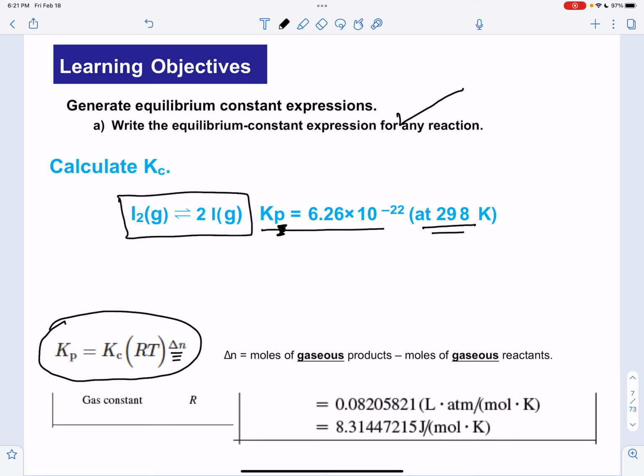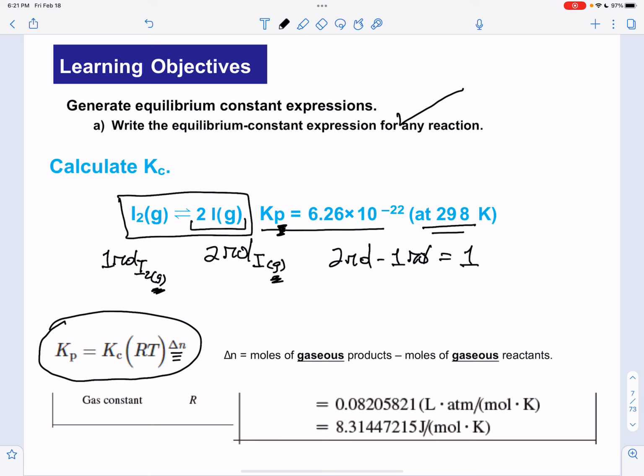For example, on this reaction, we have 2 moles of I, which is a gas, and we're beginning with 1 mole of I2, which is a gas. So products minus reactants, 2 moles minus 1 mole, and we're only looking at the gas, equals 1. In this case, the change in moles is going to be 1.